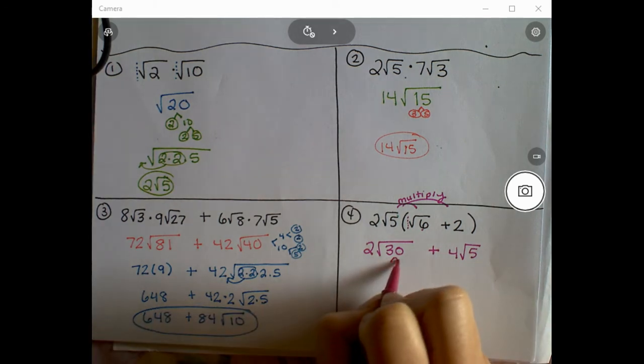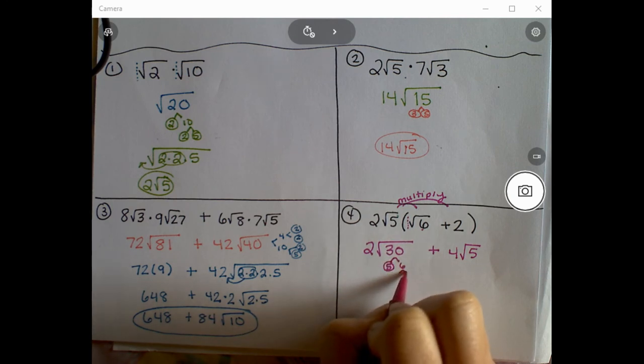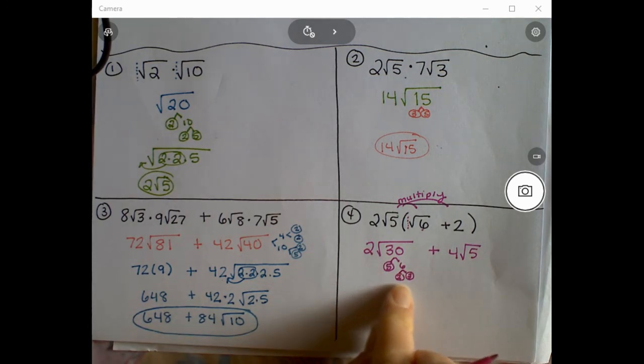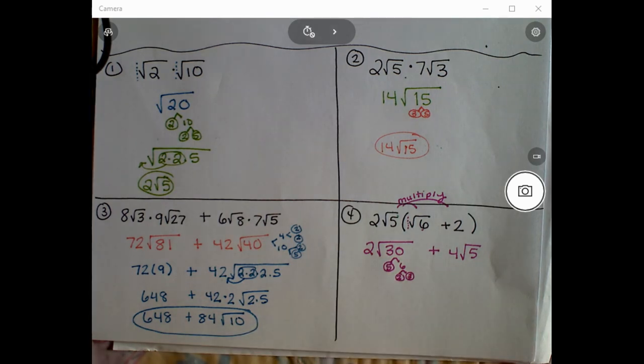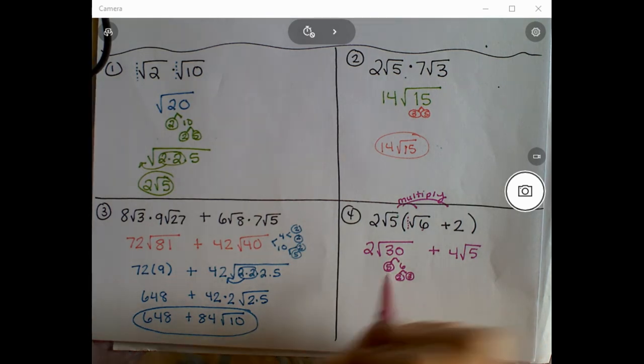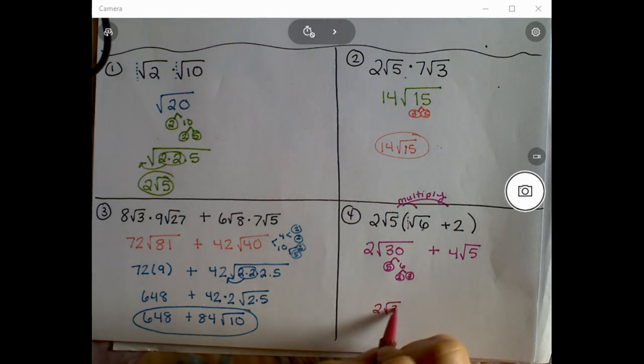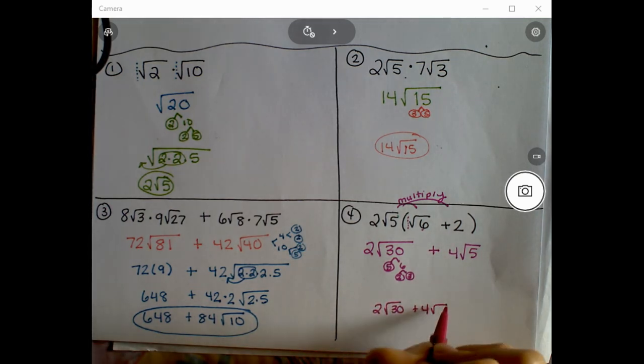So 30 is made of 5 times 6, and 6 is 2 times 3. And see how there are no doubles? There's not 2 of anything. So that means that we can't take out anything. There's nothing to go to the outside. So the actual answer is 2 root 30 plus 4 root 5.